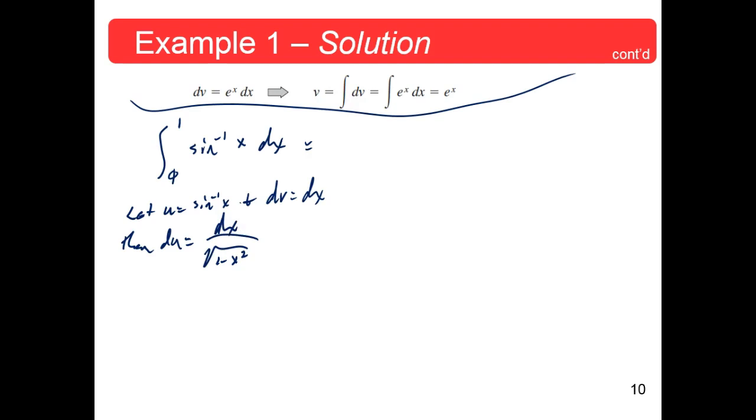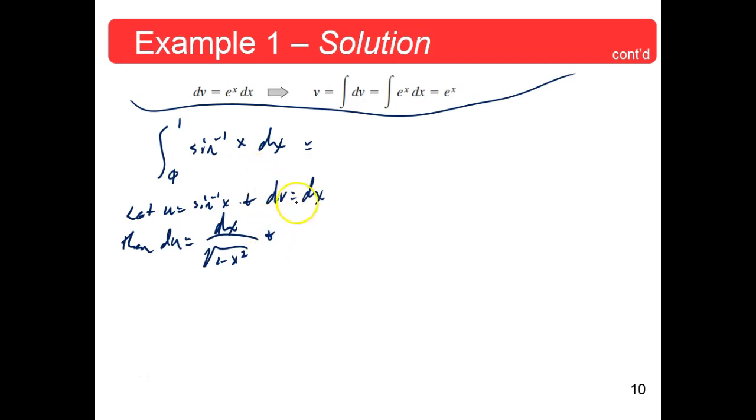I think it was just 1 over. It's 1 over the square root of 1 minus x squared, and then the dx. Okay? Yeah, that's it. That was the hard part.